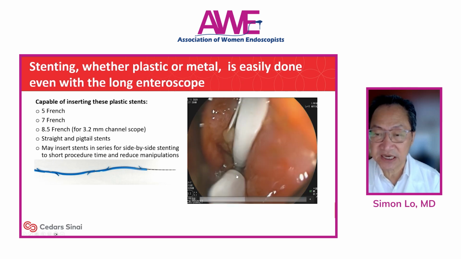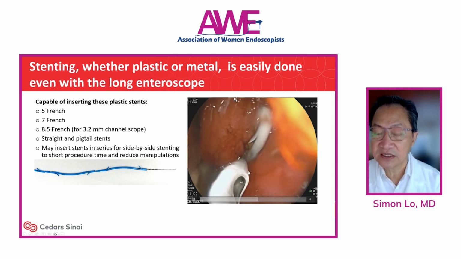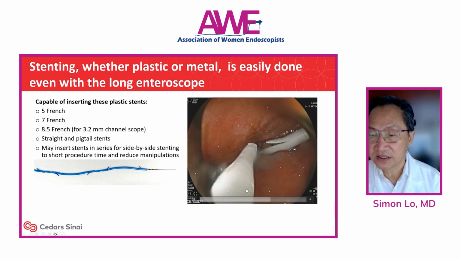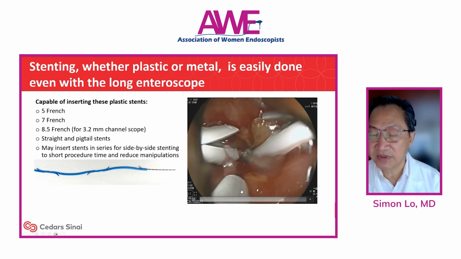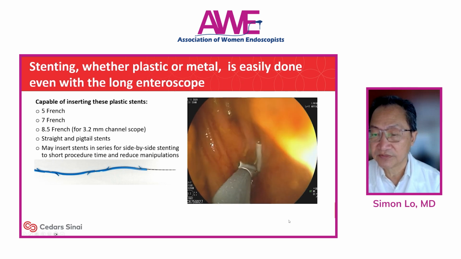Like in this case, after you balloon dilate the benign stricture, you can put one stent and then recannulate with the guide wire and put a second stent. And finally, a third stent can be done in the same manner, with the guide wire first in place and then the stent through it.